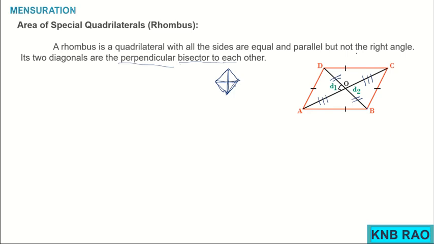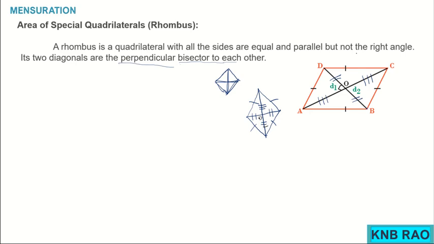This is how we construct. Okay. If I am constructing, I will construct like this, joining like this. Okay. All sides equal and diagonals bisect each other.